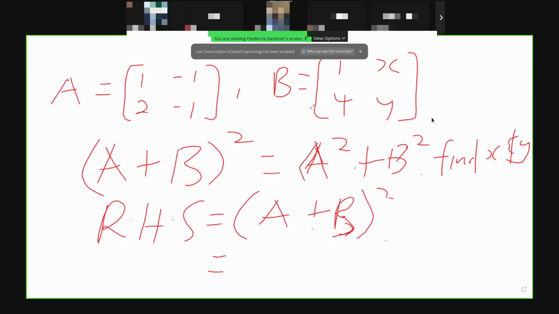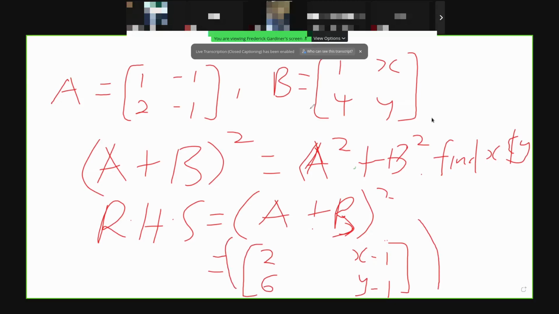Now, when we add A and B, you all agree that we are going to get 2, x minus 1, 6, y minus 1. Do you agree that when we add A and B, that's what we are going to do? When we finish, we have to square it. That means it has to multiply itself 2 times.